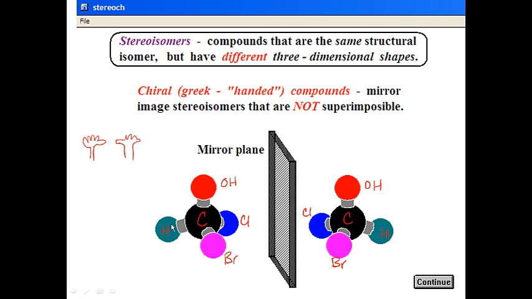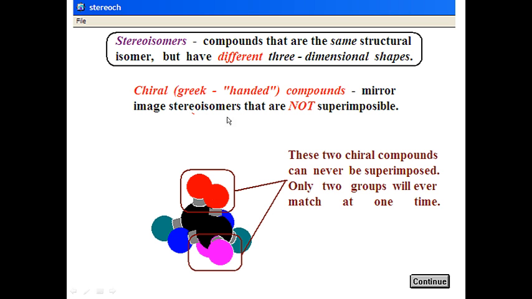Now, just using the colored groups here, the pink, the red, the blue, and the green, these two are mirror images, and you can see that from the way they're drawn here in the tetrahedral representation, but they cannot be superimposed. If I try to overlap these two molecules, and you can imagine me taking this molecule and sliding it over here and overlapping it there, what happens is that the red and the pink groups overlap, but the blue and the green don't.